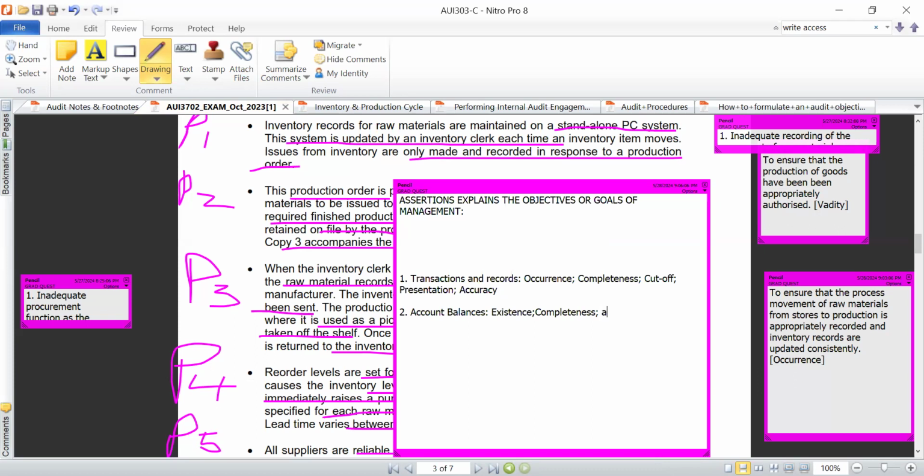That's completeness. Then there's accuracy, valuation and allocation. There's also presentation, just to name a few. There are some I'm not writing down, but these are the common ones you come across. That's what assertions are all about, in simple and short terms.